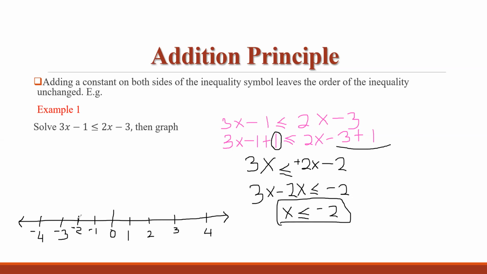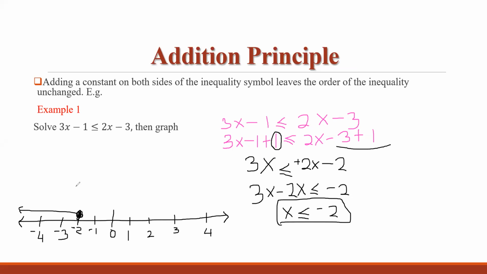But remember, the inequality says x is less than or equal, so negative 2 is also included. So use a bold circle, not an open circle. Draw your arrow starting from negative 2 in that direction.